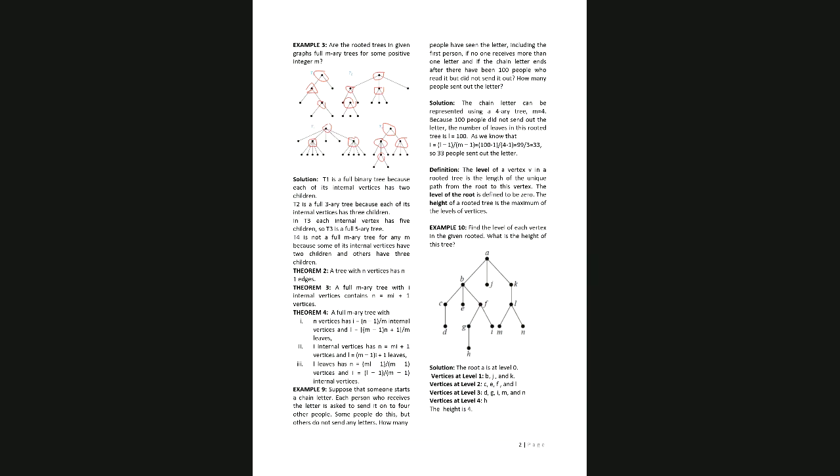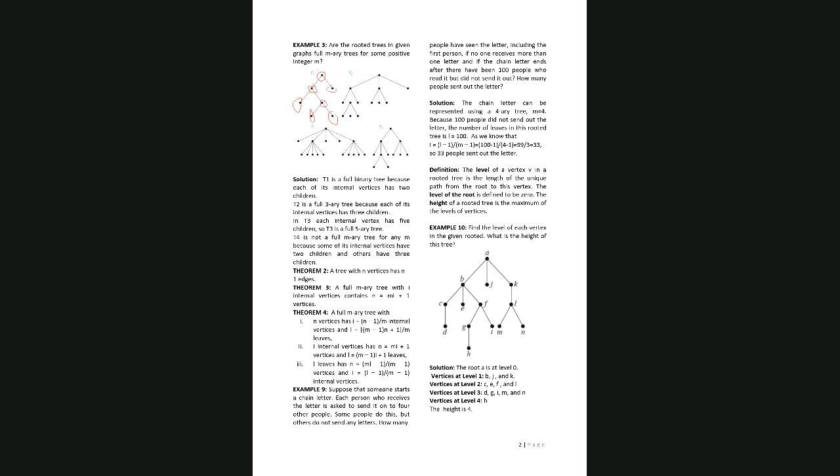From this one, you can see theorem number 1. How many vertices does this graph have? 1, 2, 3, 4, 5, 6, 7.